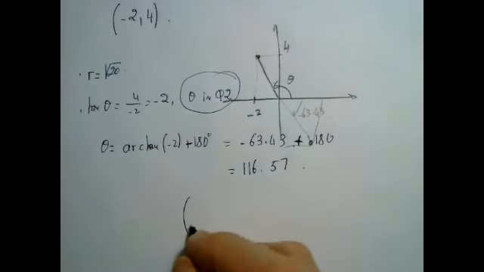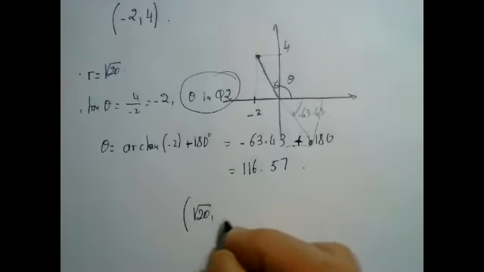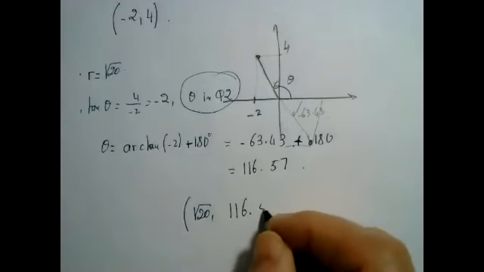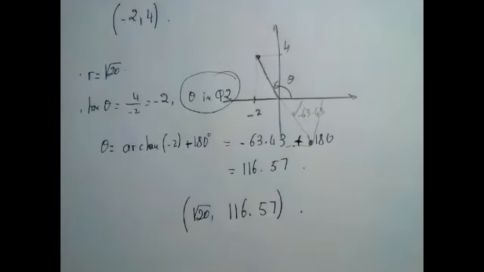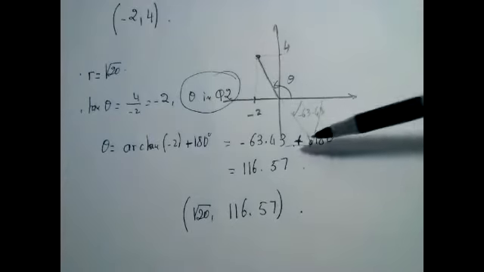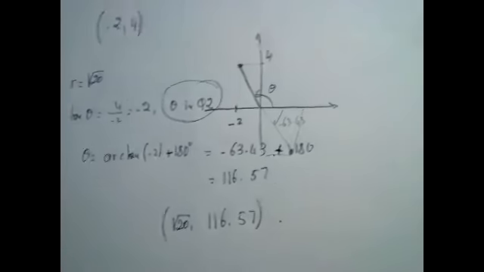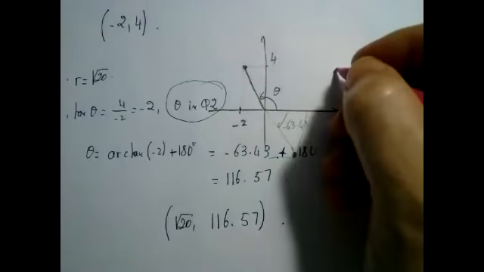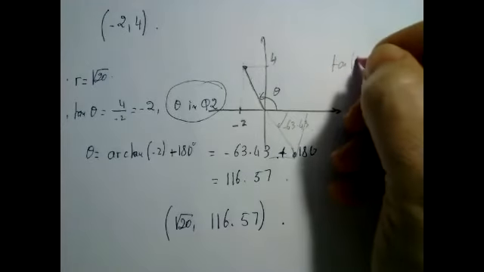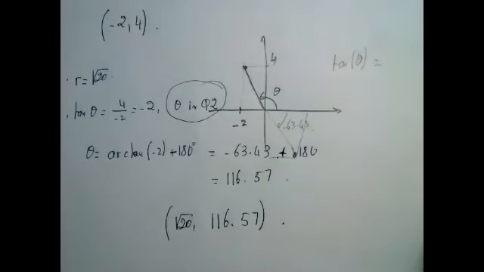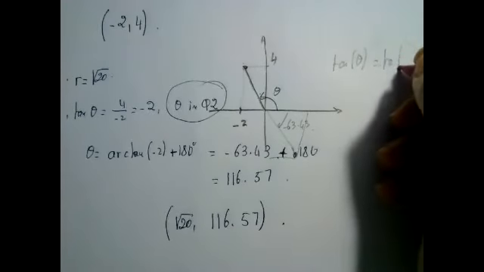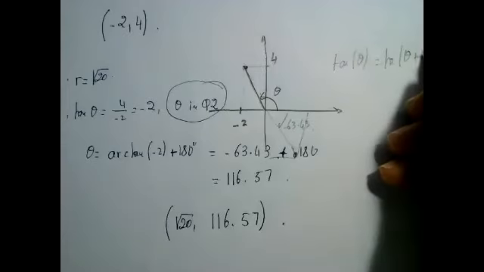So the polar coordinates are going to be square root of 20 and 116.57. And remember, the tangent of theta is the same as the tangent if you take an angle and add pi to it.